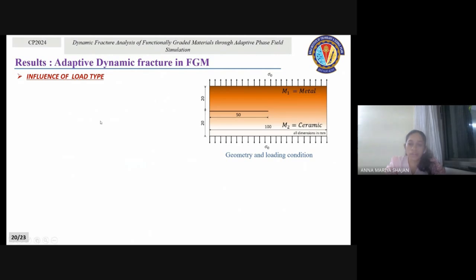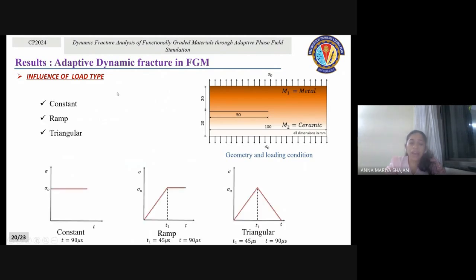Finally, the influence of the load type. For that, we have chosen constant, ramp, and triangular loading. At the constant, you will have a constant traction at the top and bottom. For the ramp, we start from 0 and increase till 45 microseconds, then we keep it constant.